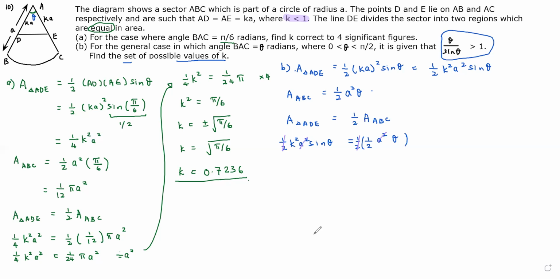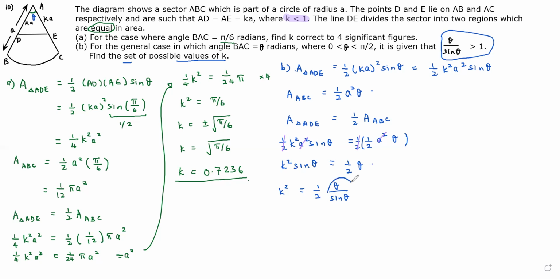That a squared and a squared can be eliminated. Then k squared sine theta is given by half theta. Then we can divide, because we need to find the values of k. We do not need sine theta, so we can divide throughout by sine theta. And k squared is 1 over 2 theta over sine theta.